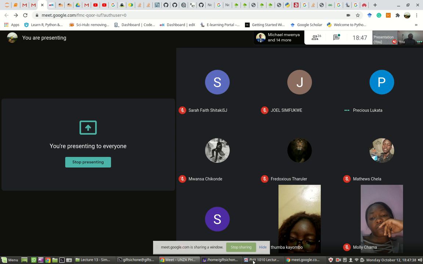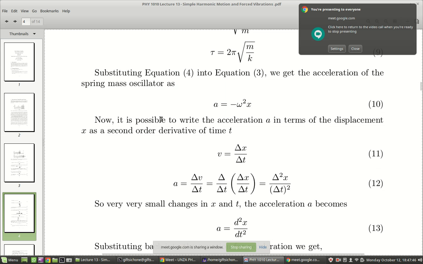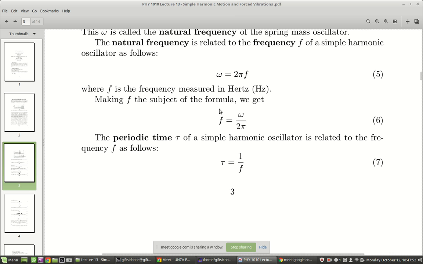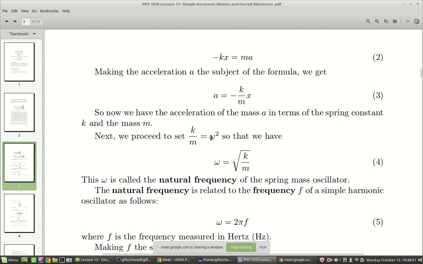That's what we have there. So basically, I rewrite the same equation in terms of omega squared. Okay, thank you. I've understood. Alright, that's good. So when I do that, I have a is equals to minus omega squared x.